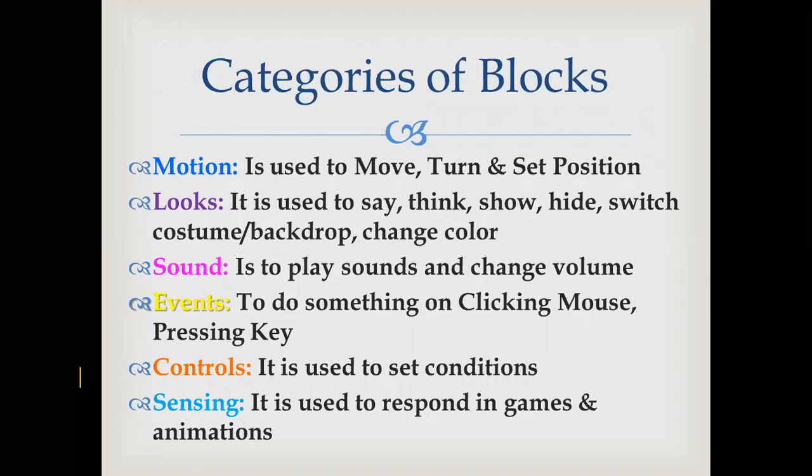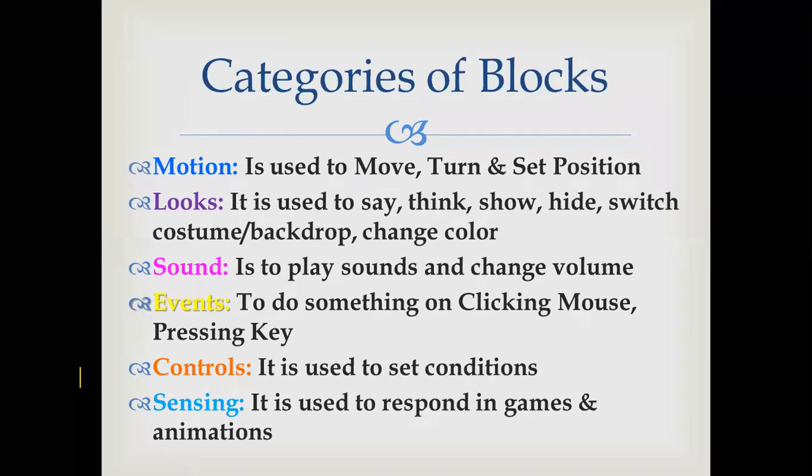Next is events. Using events, suppose if somebody moves a mouse on my screen, then the cat should make a sound like meow. That can be done with the help of events.